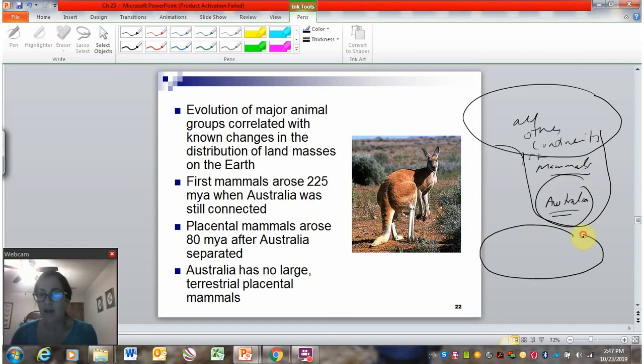But then what happened is Australia separated. So here is Australia. And the big trait that arose after Australia was separated was placental mammals. These are your classic true mammals, or sometimes called true mammals. We are a placental mammal. Rabbits are a placental mammal. Dogs.